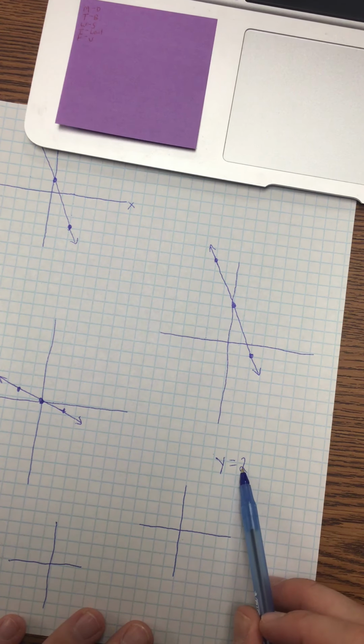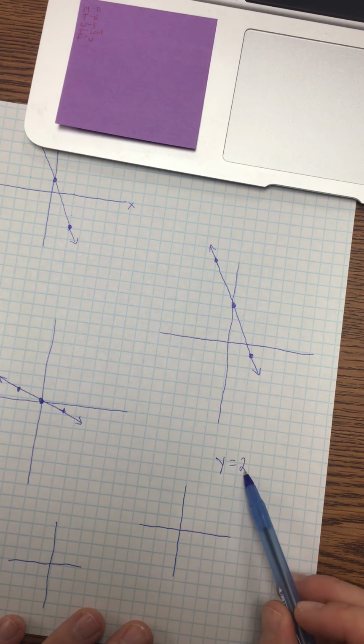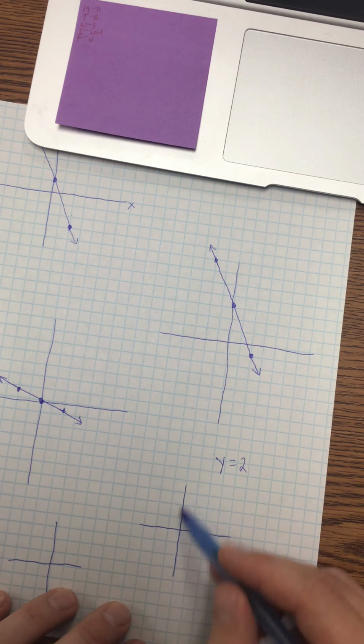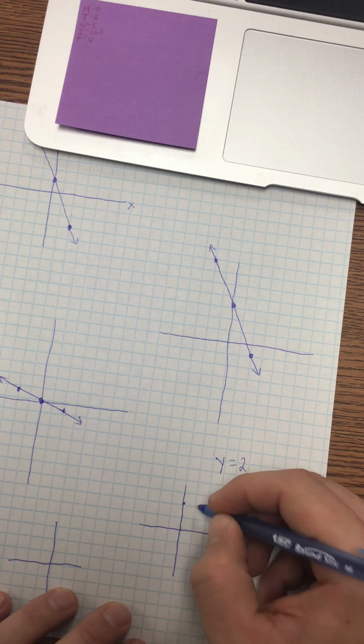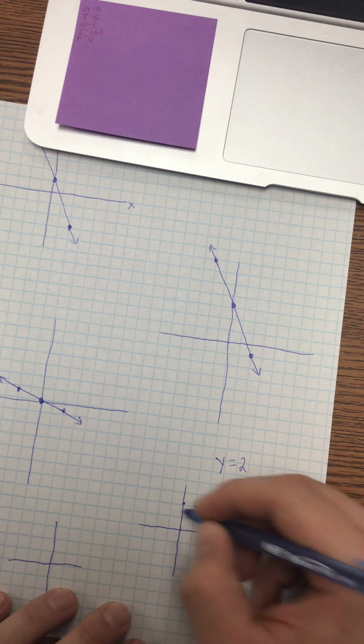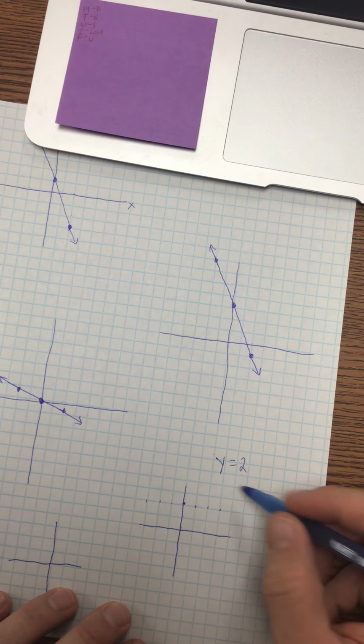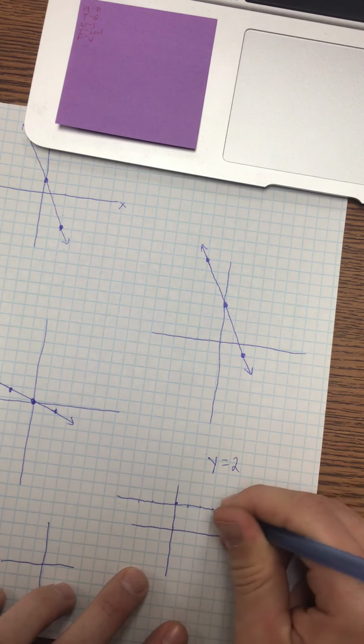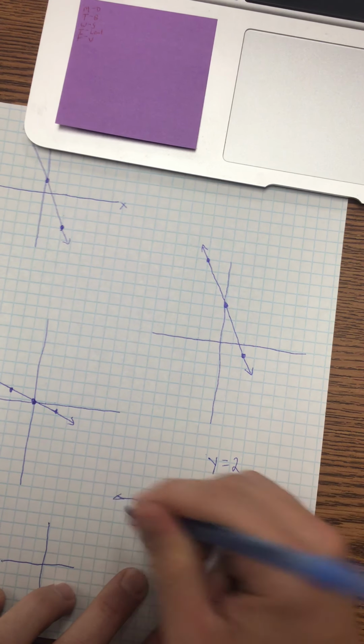So if it's just y equals 2, all you need to do is, where is y 2? So you would start at the origin, and y is the up and down, right? So if it's positive 2, I'm going to go up 2. So that means it's 2 everywhere, all these 2 values. So if it's y equals 2, it's really just a horizontal line at 2. It's covering all the 2's.